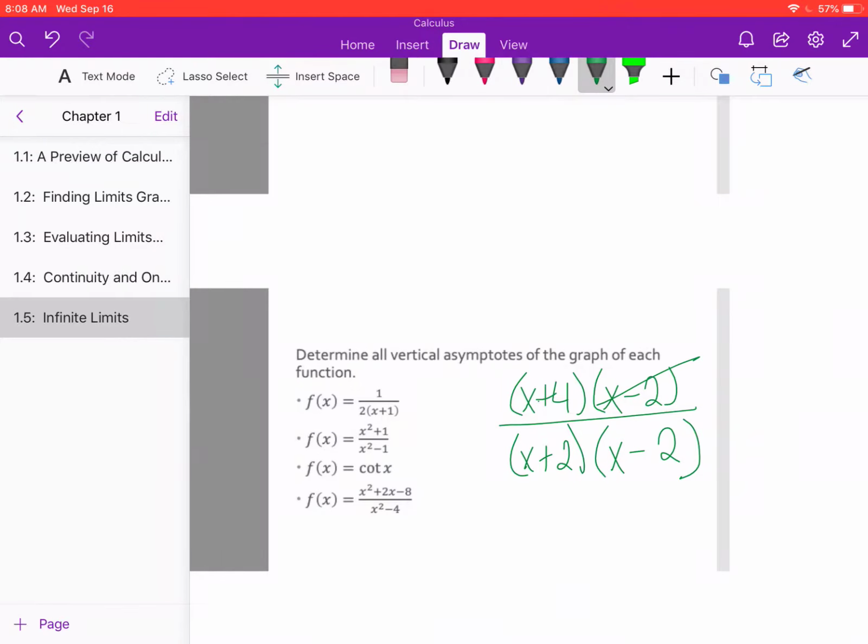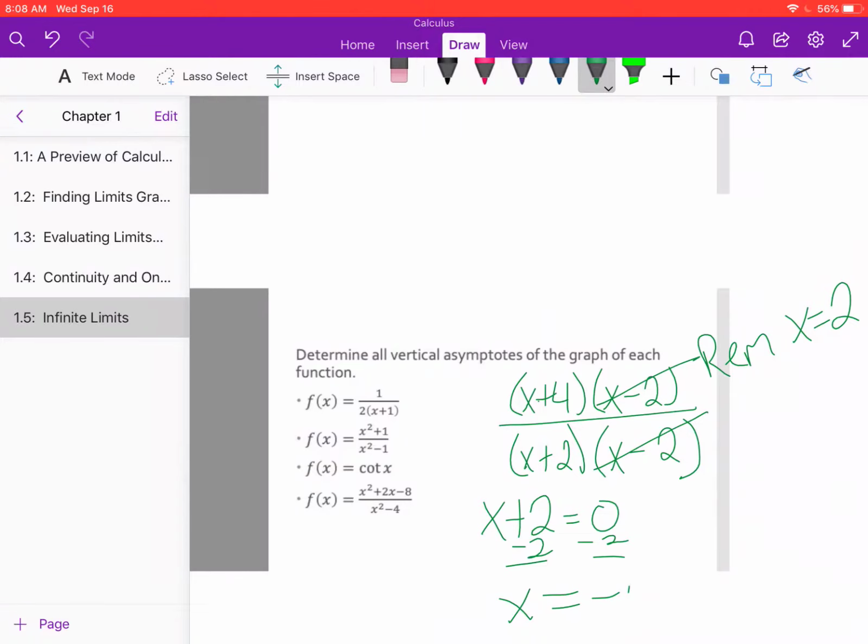Notice that these will cancel out. This is telling us we have a removable discontinuity at x equals 2. So to solve for an asymptote, set what's left, x plus 2, equal to 0, subtract 2, and we get an asymptote at x equals negative 2.